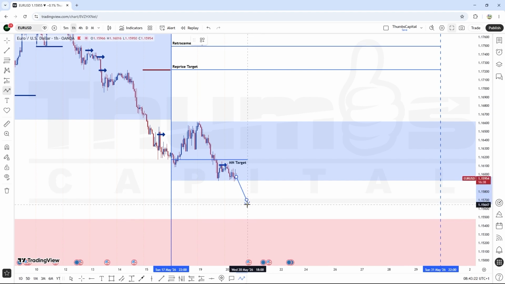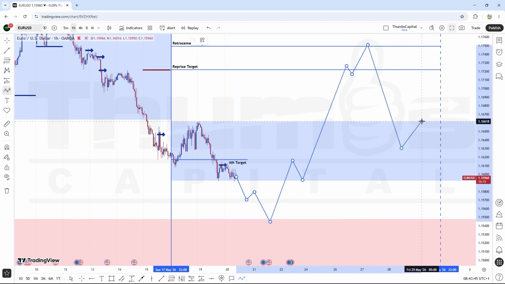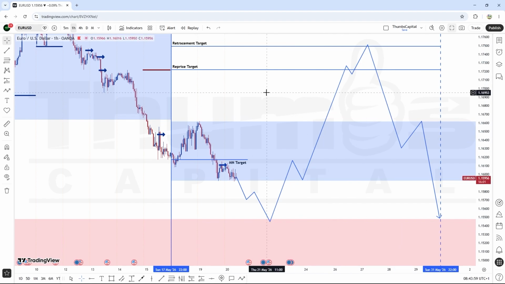So false move to this side, probably to hit the quarterly control block, then we'll see a reprice back up to the reprice target and possibly to the retracement target, and from there you can now expect the continuation move to the downside. So this is what I'm expecting for the first half of the monthly contract.